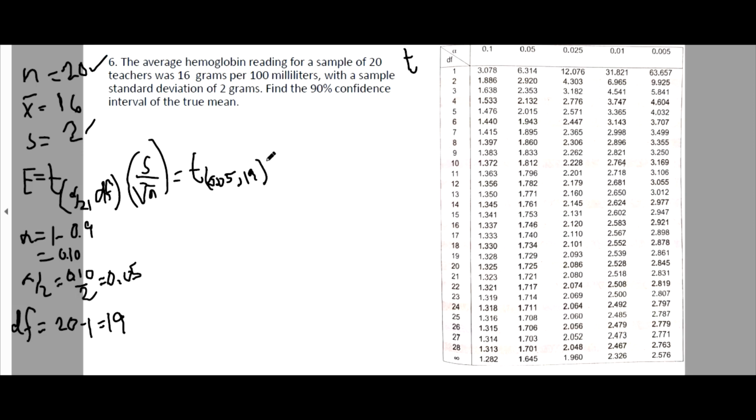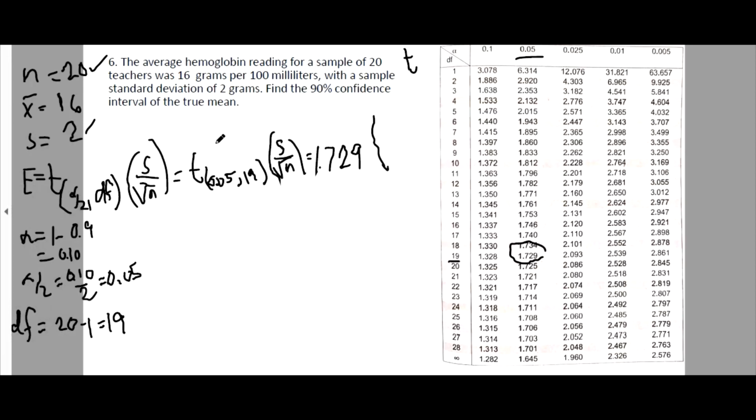So what is the value of t? For 0.05 and 19, this is now 1.729.